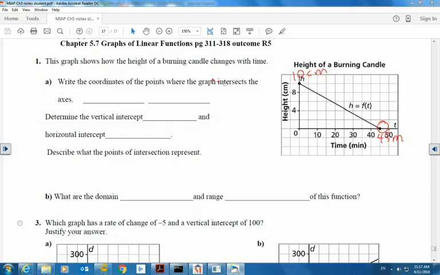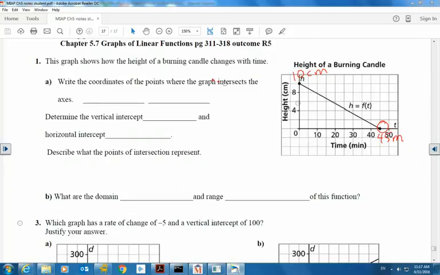Now, what are the coordinates of the points where the graph intersects the axes? So what are the axes? I've got two axes. This one going up and down here is my height.